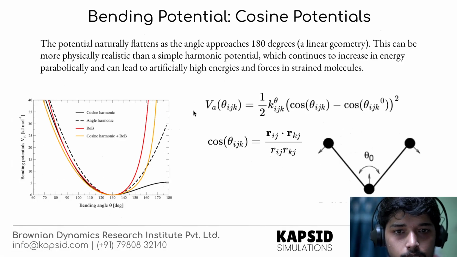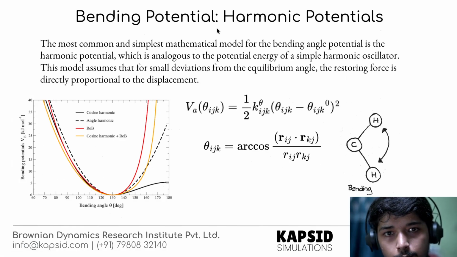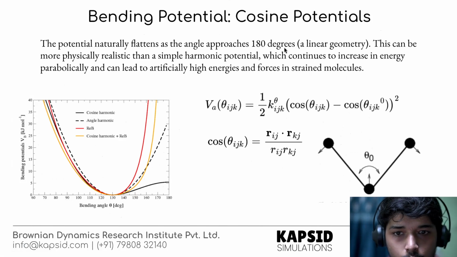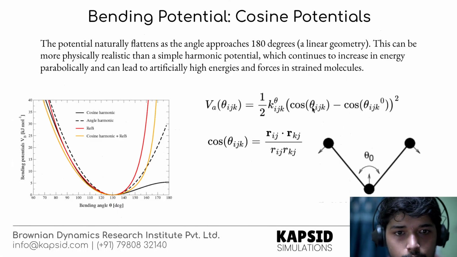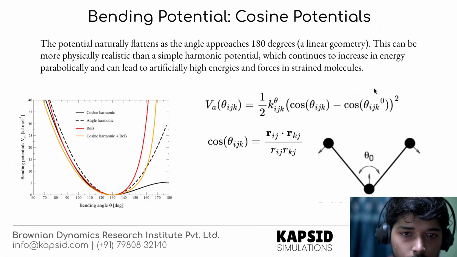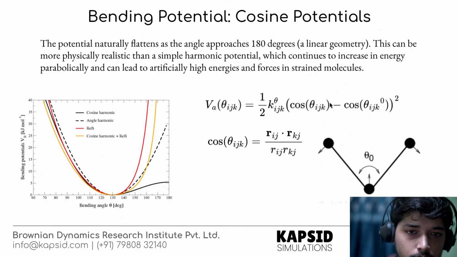So coming to these exceptions, since we have already introduced this part, whenever the previous one, which was harmonic potentials, approaches 180 degrees, it tries to go to the not defined part. So just to solve that, they have come up with another equation, where we are not subtracting the angles themselves, but now we are subtracting the cosines.